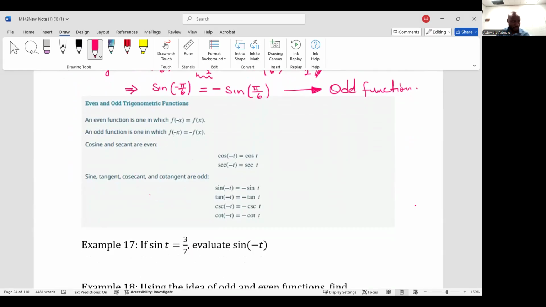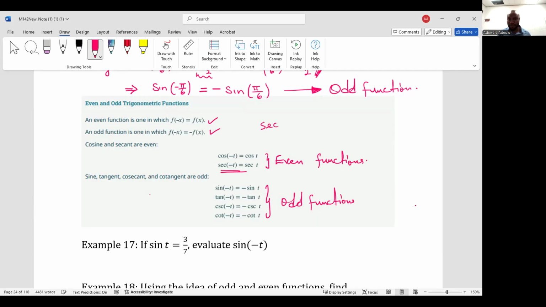So in general, we claim that cosine and secant are even functions. So these two are even. And these other four are odd trigonometric functions. And we can see how they are defined now.